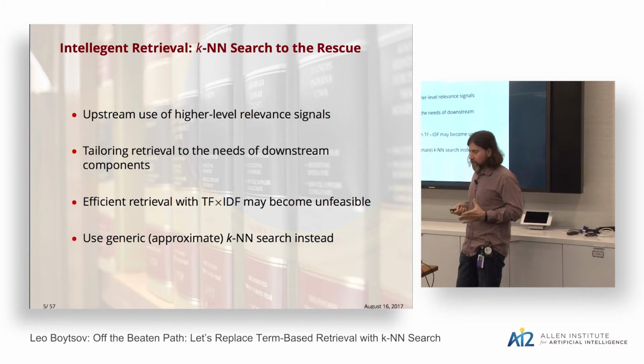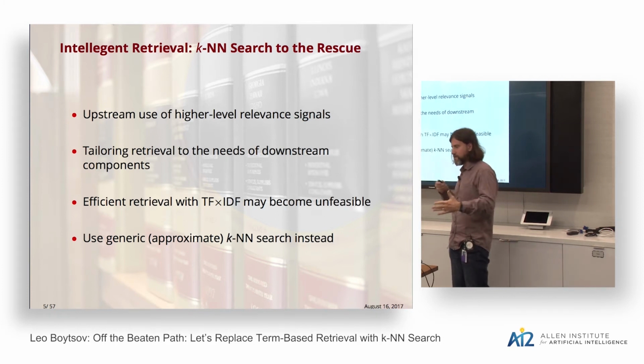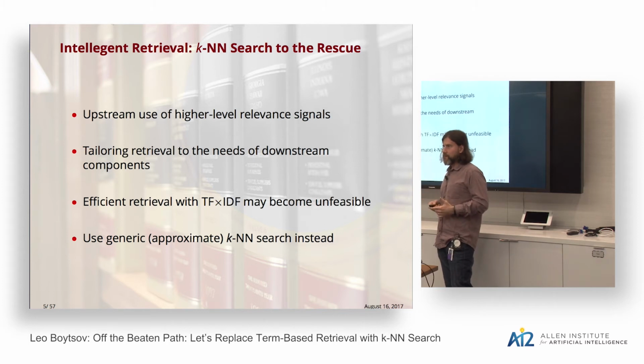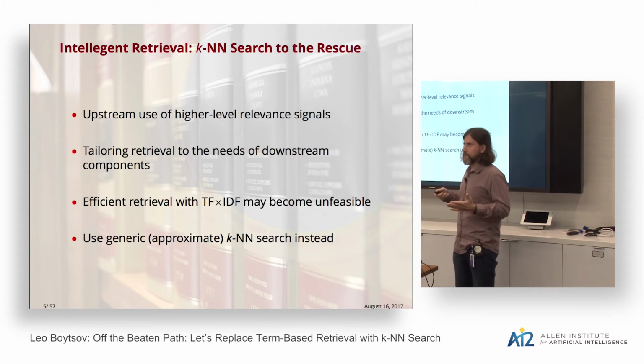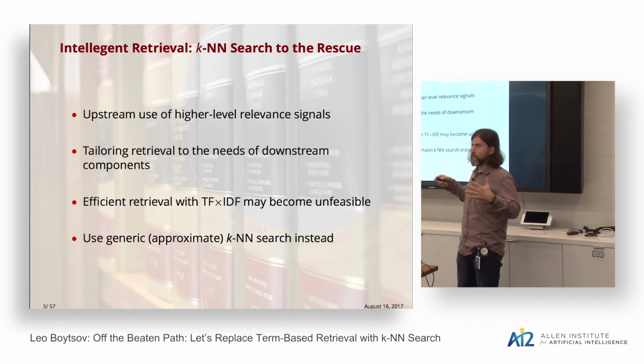I would argue that one should do more work during retrieval, and in particular by incorporating ranking stage relevance signals into retrieval. However, there is an efficiency issue, because as we keep adding these complicated, more expensive to compute signals into the retrieval module, the retrieval becomes less and less efficient.